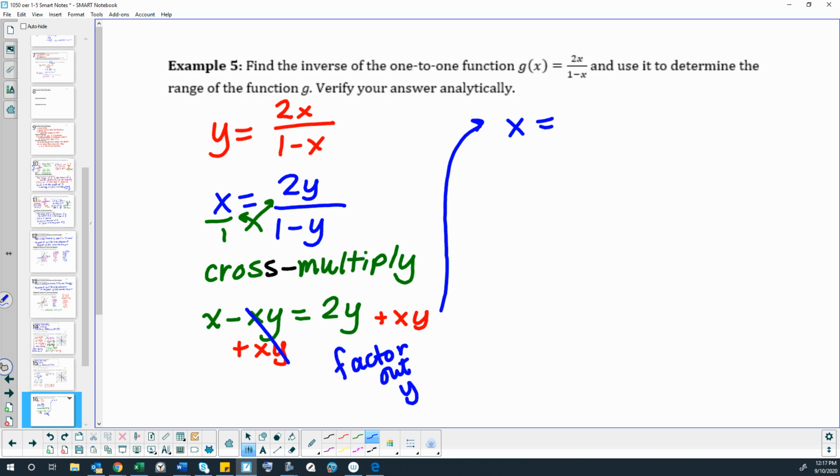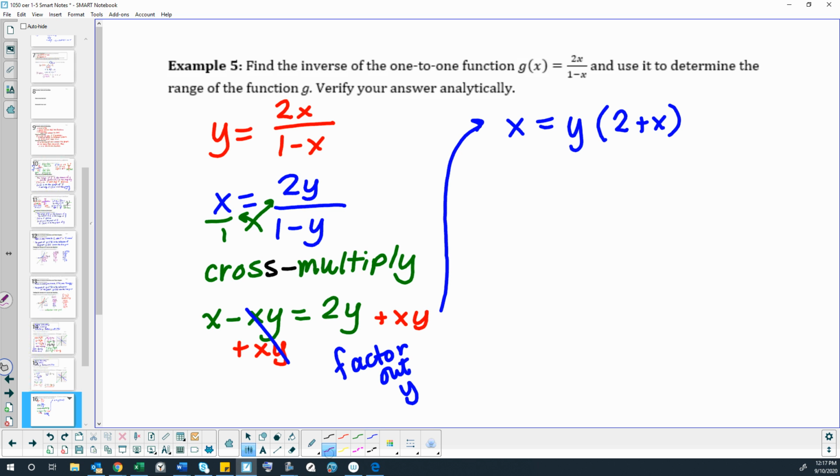And think about the terms. So factor it out: y, and we have 2 plus x. Yeah, so it's undistributed factoring.